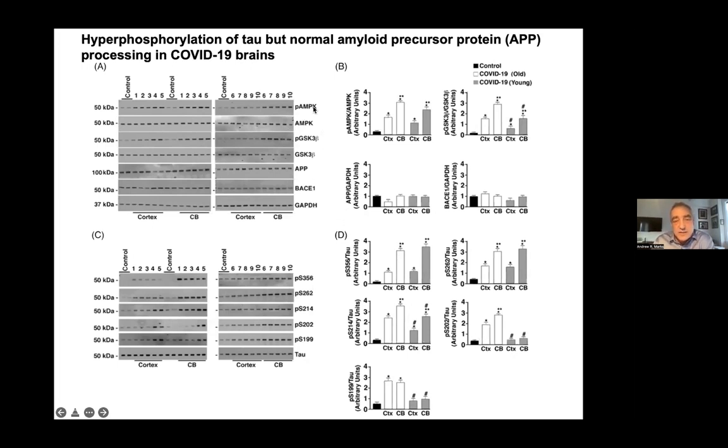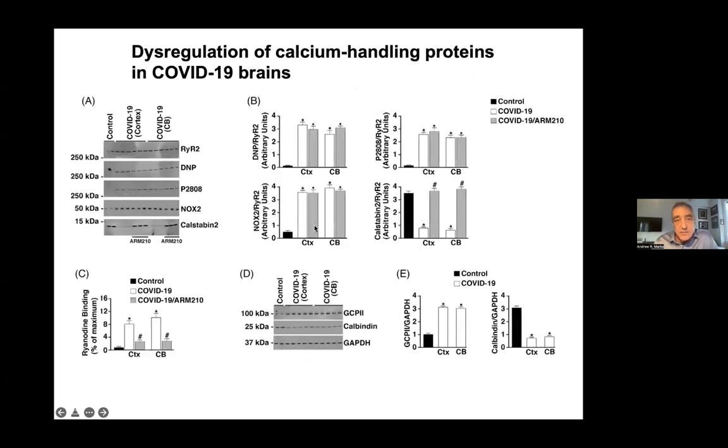We also looked at signaling related to amyloid production. And we did not find any abnormalities there in terms of APP, the precursor to amyloid, or the BACE enzyme involved in amyloid production. So these studies suggested that phospho-tau could be increased in the brains of COVID-19 patients, but we didn't see evidence for amyloid.